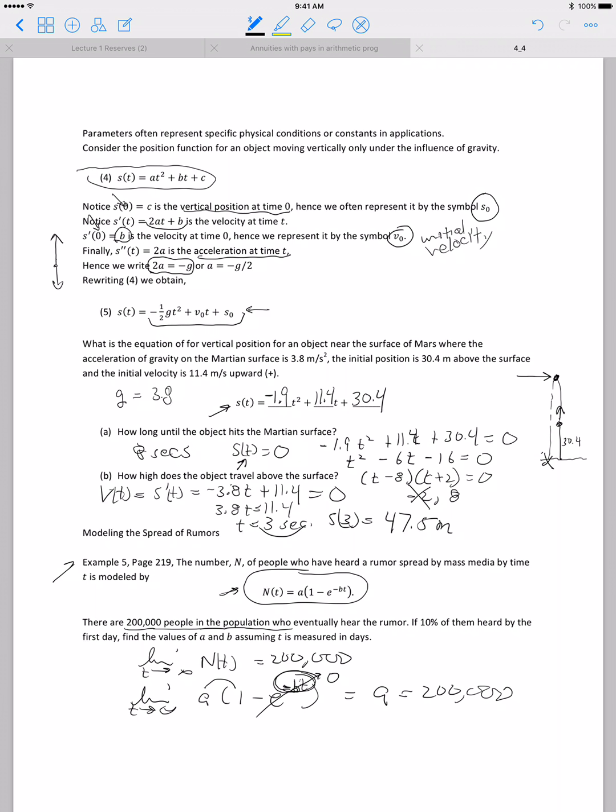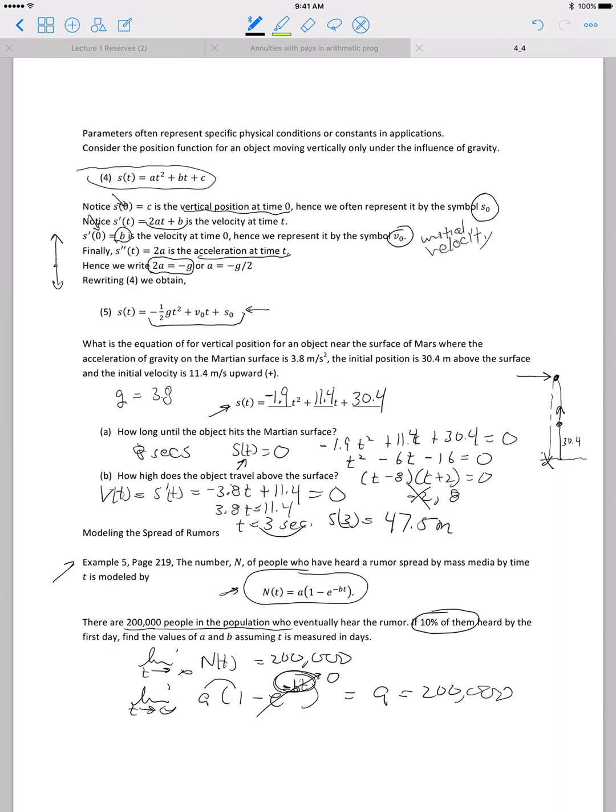And then to get the value for the parameter b, we're going to use the data point. It says that 10% of them heard by the first day. So 10% of what? 10% of the 200,000. So 20,000 had heard by the first day.